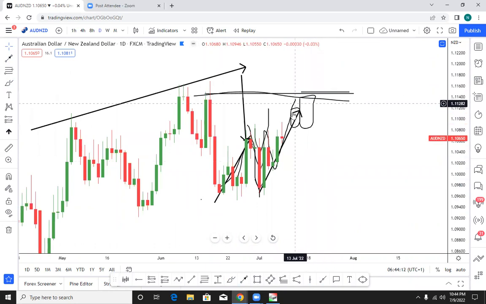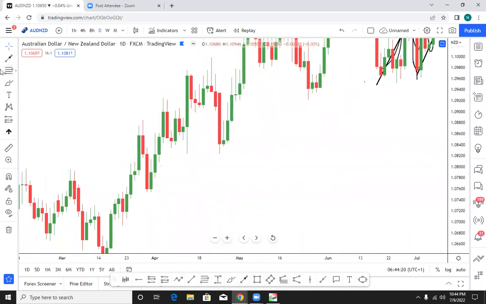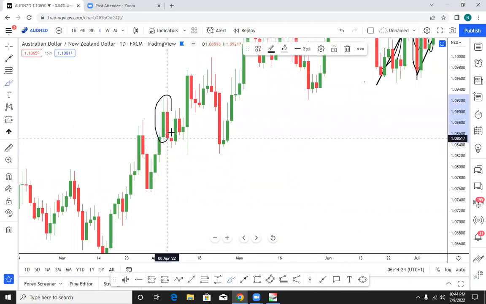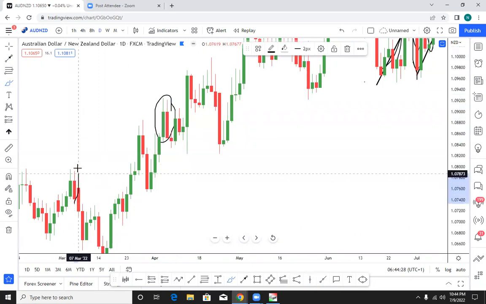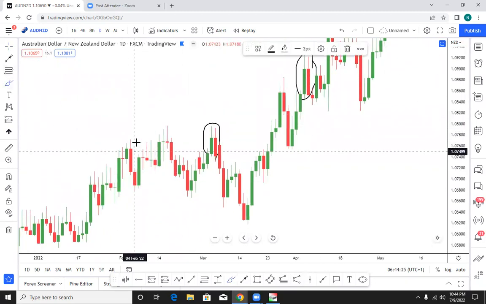And then when you have a bearish engulfing candlestick pattern here, something that looks like this, do you see this kind of candlestick pattern? This one or this one? Good. Or let me show you another one. Or you see this one, this type.